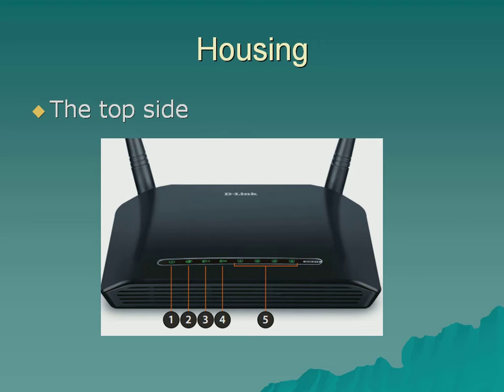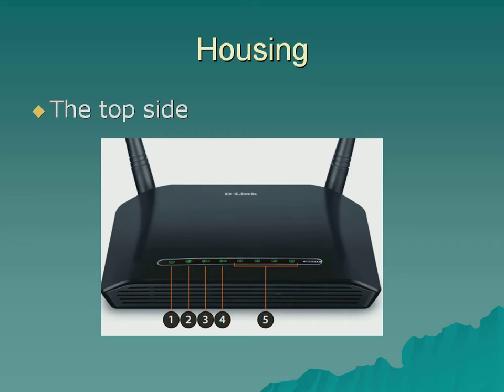Before I start to talk about how to set up, I want to introduce the D-Link housing because there are some meaningful LEDs. From the top side, you can see several LEDs. The number one LED means power, and the number two means the router can connect to the ADSL.